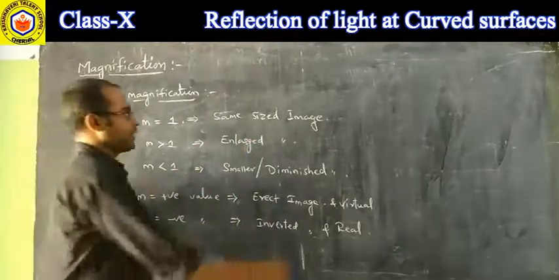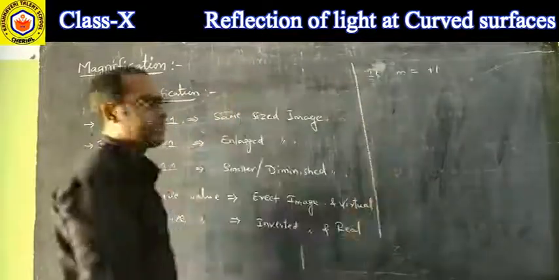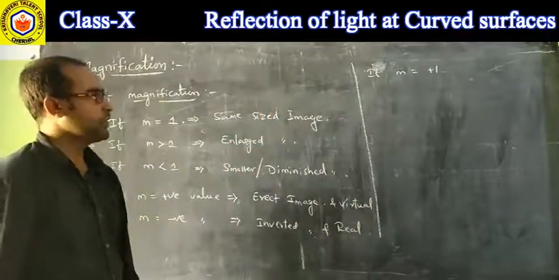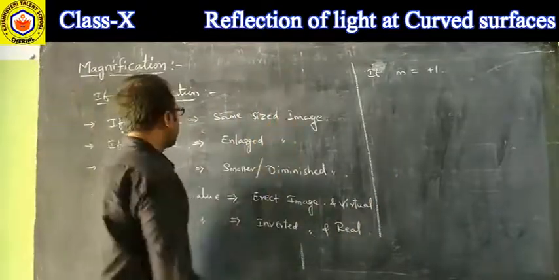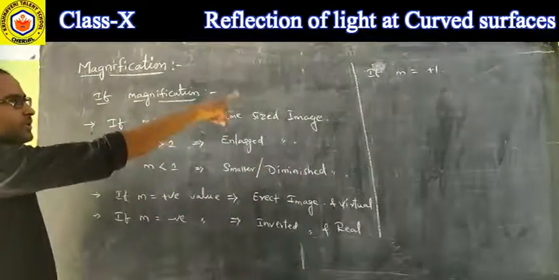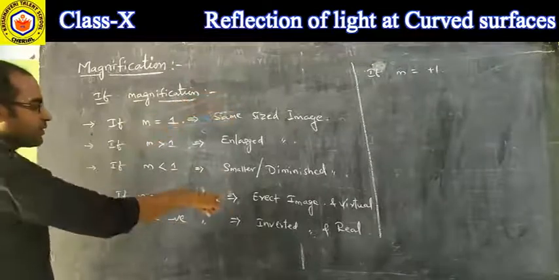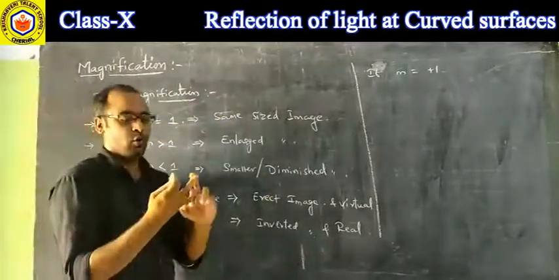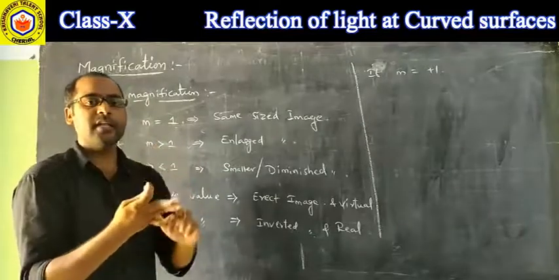Yes, let us take one example. Magnification value of an image is +1, and what is the nature of that image? Here +1 means m equals 1, same sized image. Positive means it is erect and virtual. Erect image, virtual image, and same sized image.